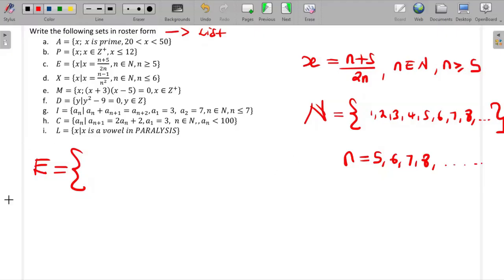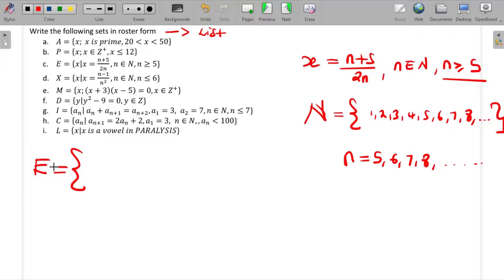So to find the elements, that is going to be what we call an infinite set. An infinite set means you can't list all the elements, because I can't list all the n's that I can use here, since it's 5, 6, 7, and so on, because they just said greater than or equal to. So this is going to be an infinite set.